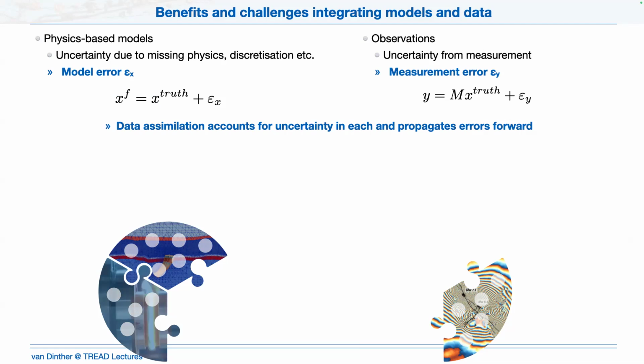And in physics-based models, we have large errors as well, either due to missing physics that we knowingly or unknowingly do not solve for, or because we have to discretize models. So we're making a variety of errors there. It would be nice if we can simply account for these errors using model errors. So in these equations, epsilon x is the model error and epsilon y is the measurement error.